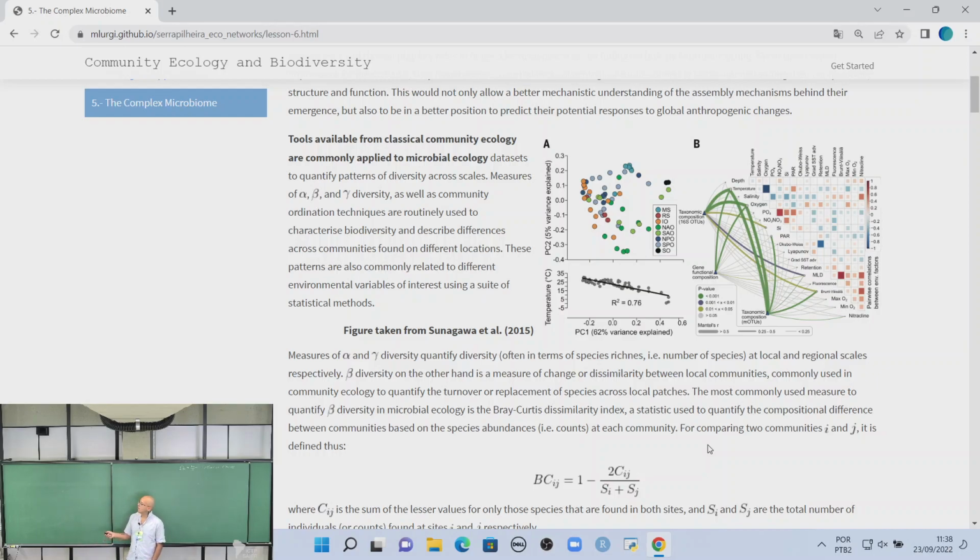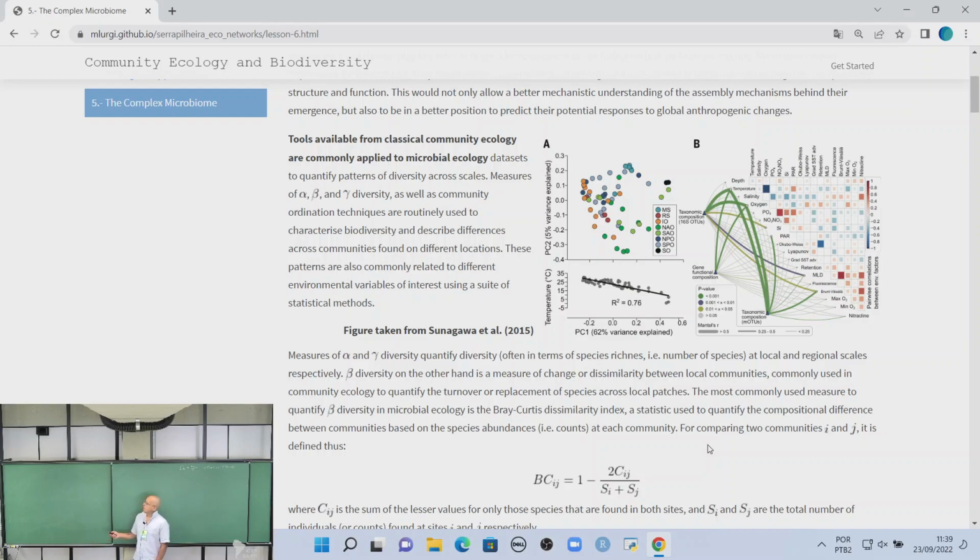So here we have an example of how one of the dimensions of this ordination plot, of the PC, relates to temperature. So it turns out that temperature seems to be a strong driver of the assembly of these communities.